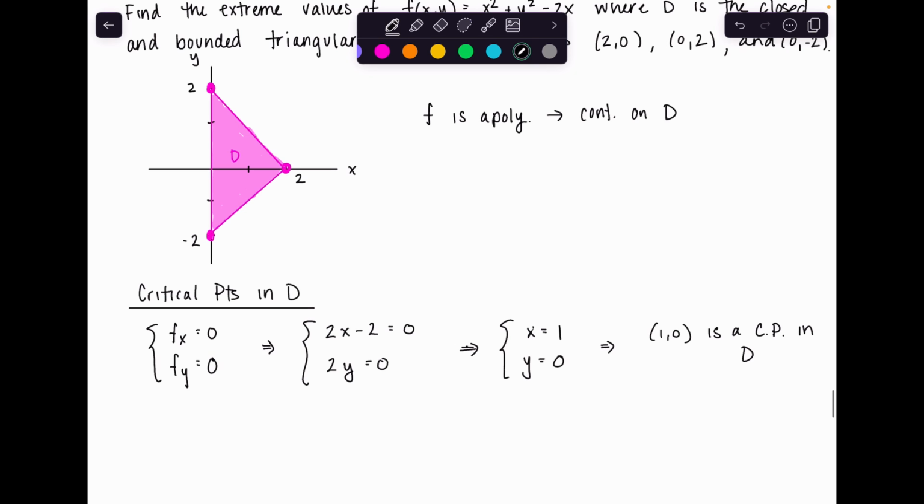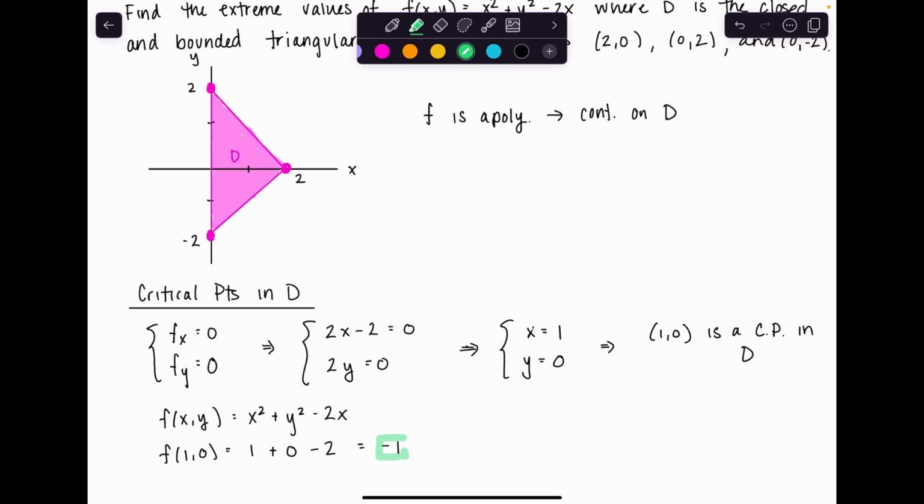So I need to go ahead and plug this into the function, which again, just a copy down here, it's x squared plus y squared minus 2x. So plugging in 1 for x, 0 for y, gives us 1 plus 0 minus 2. So one possible extreme value is negative 1.